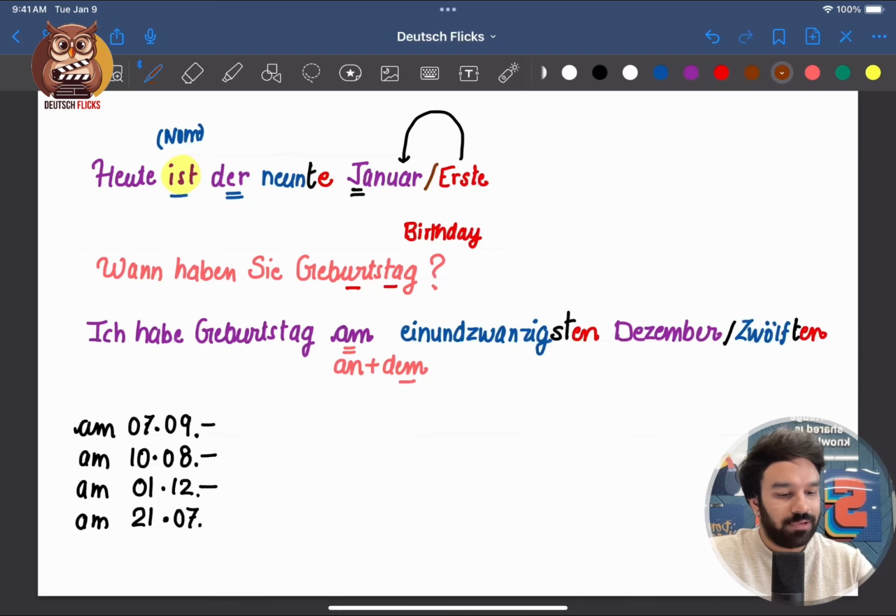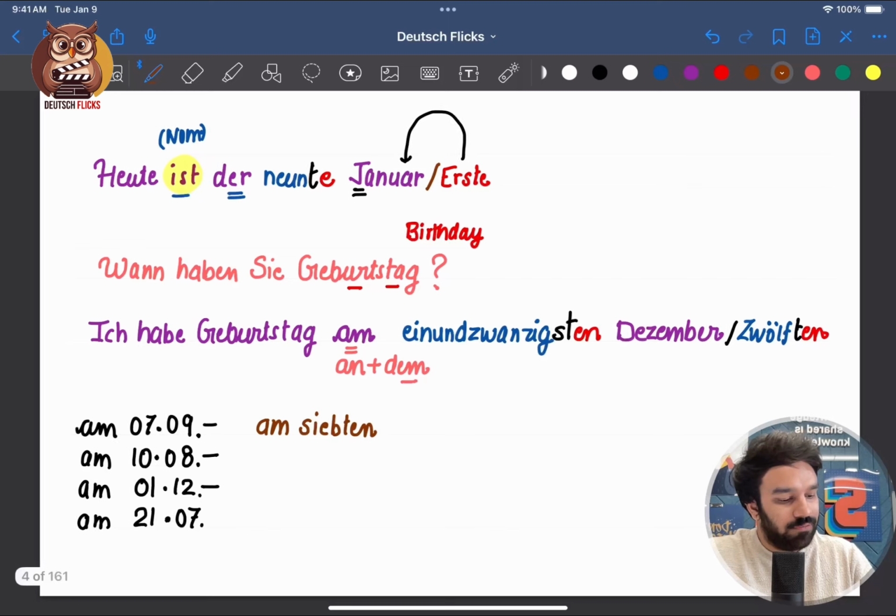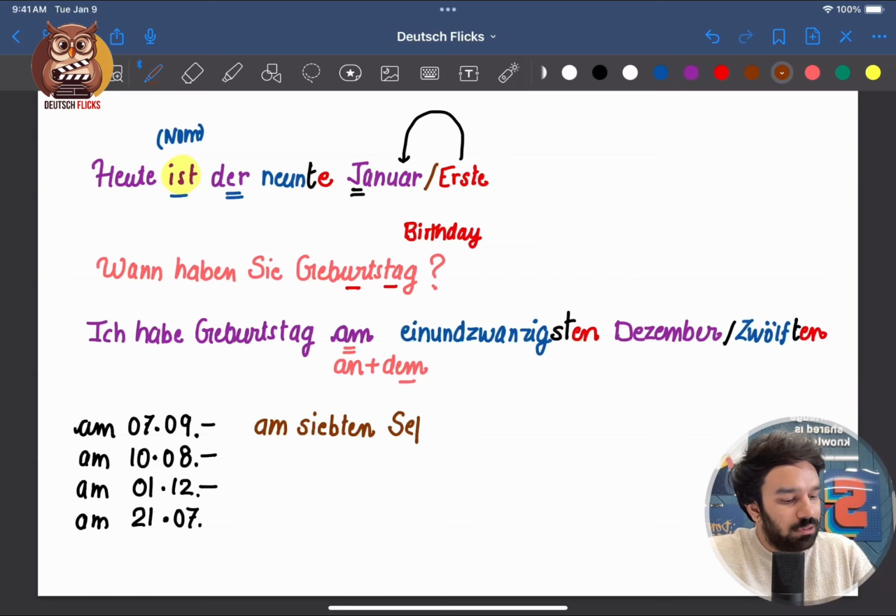So first up we have on 7th of September. So 7th is an exception. We'll say am siebten instead of siebenten. And 9th will be September. Or we can say neunten. N has to be capital.